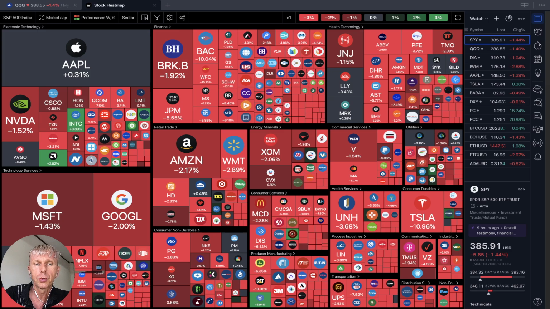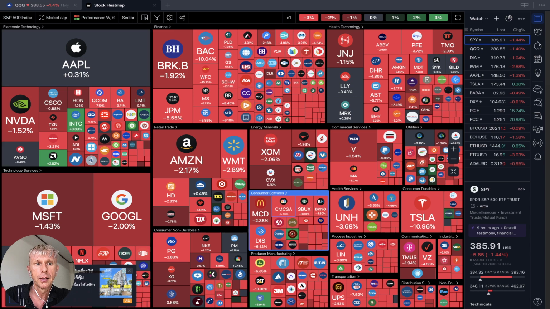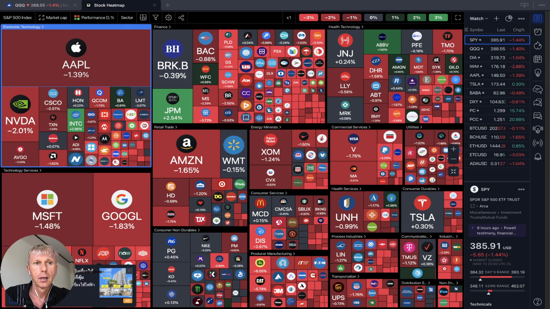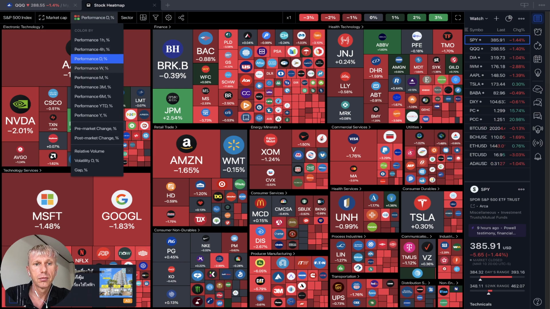Let's move to TradingView. For this review we are going to use TradingView. Look at the stock market heat map on the weekly time frame, weekly performance: red week, very red week. Daily on Friday was very red, weekly it's very red.